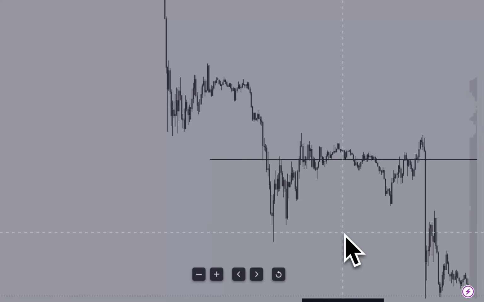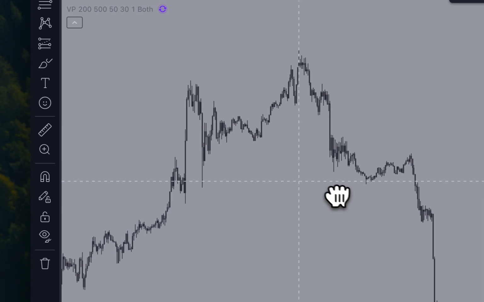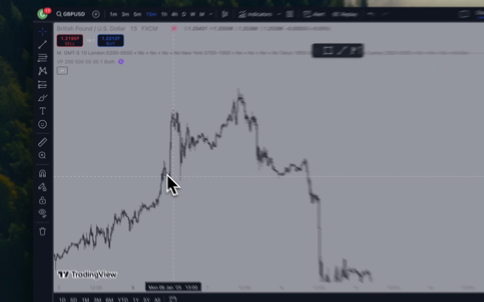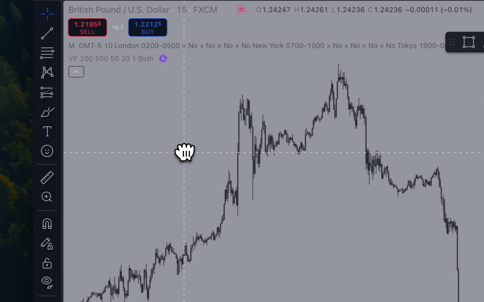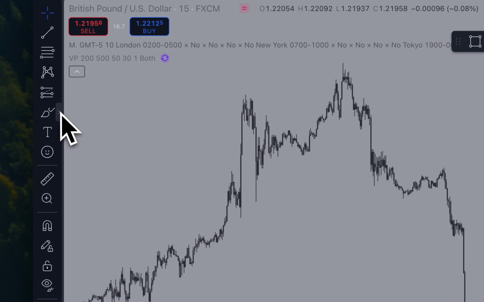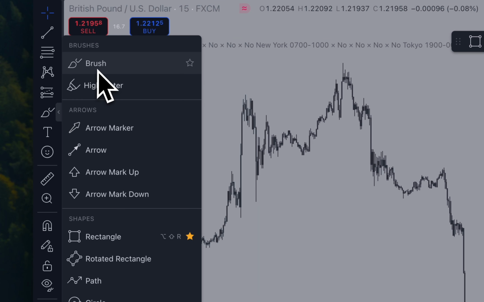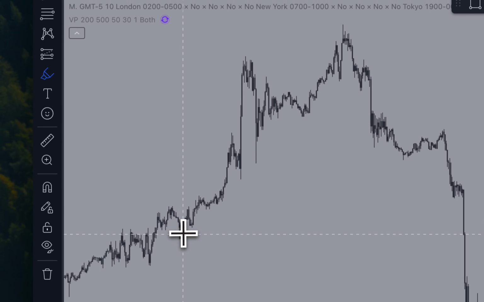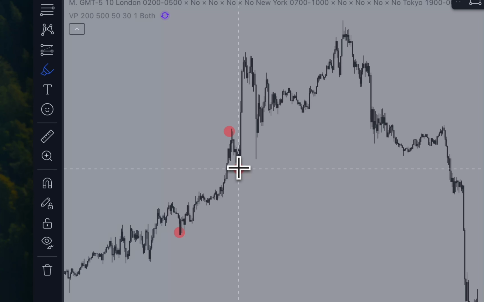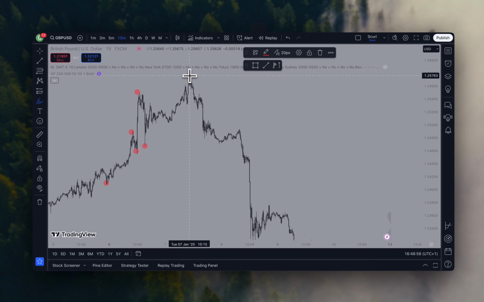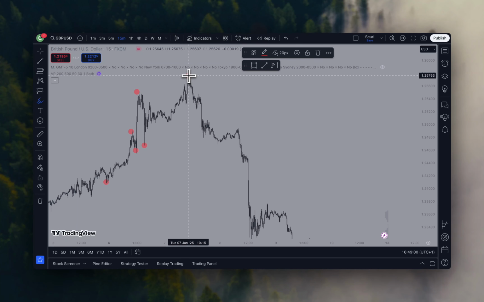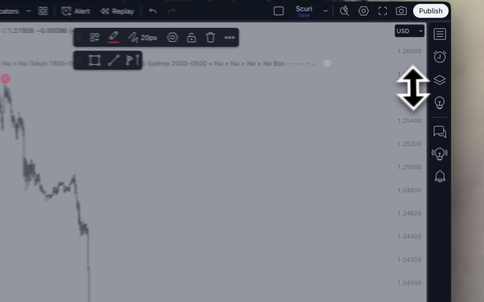And what's the dealing range? Okay, let me help you identify it. So we gotta start from the beginning. What's the trend? Our trend right here is this one. Okay, so bam bam, this is our trend. Then once we see a breakout, we have a new trend, the opposite trend.